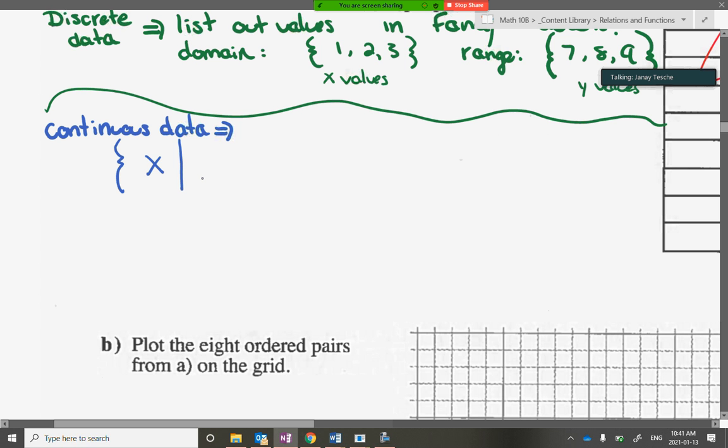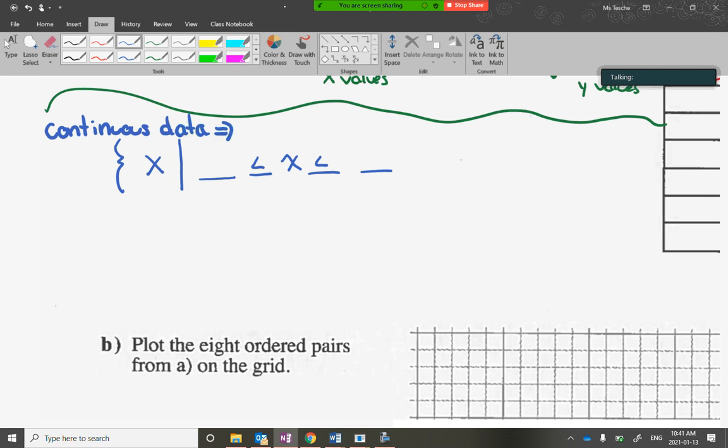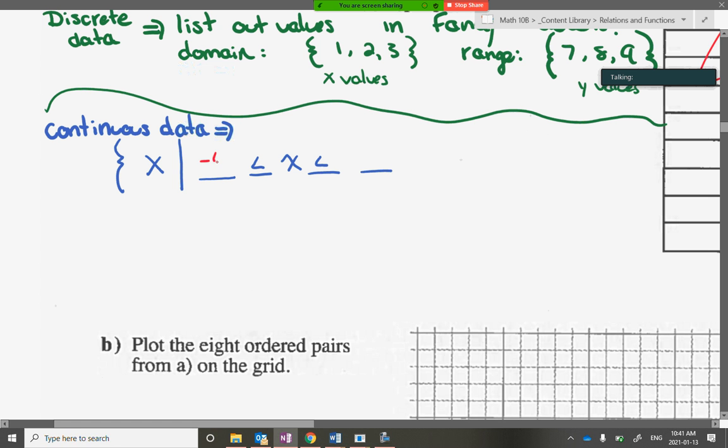And then you'd put a number here. So this is less than, that's what those symbols are. So it might be, we could say -4 and 5. Very specifically, then a comma.